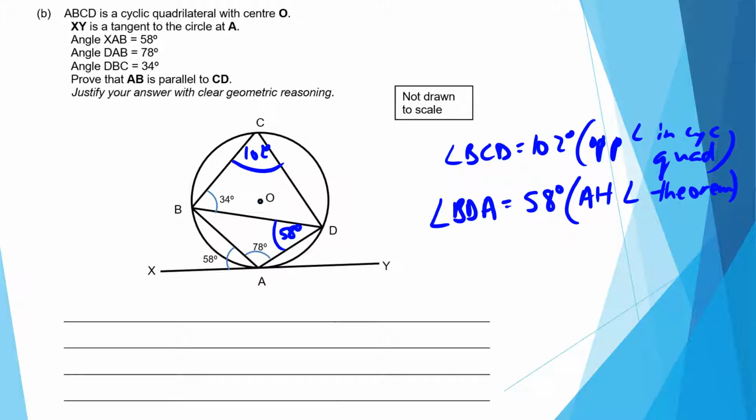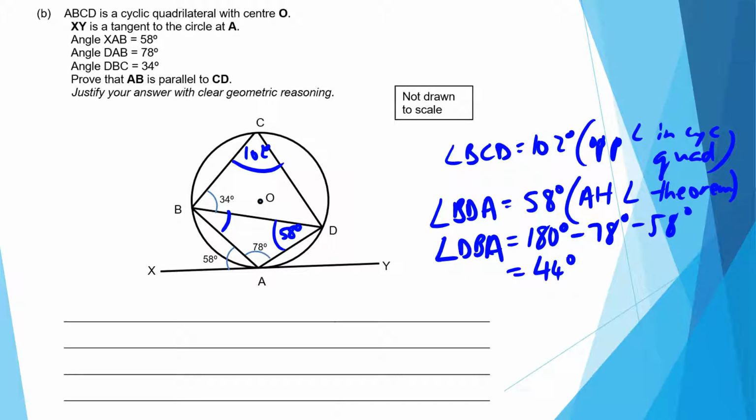But what that's going to mean is that this angle here, angle DBA, will need to equal 180 minus 78 minus 58 equals 44 degrees.